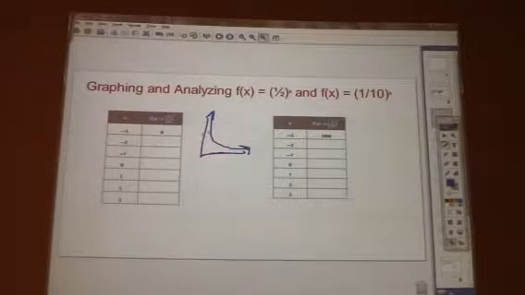So if we filled in this table, it would go 8, 4, 2, 1, 1/2, 1/4, and 1/8. What are they going down by each time? 1/2, because our base is 1/2.